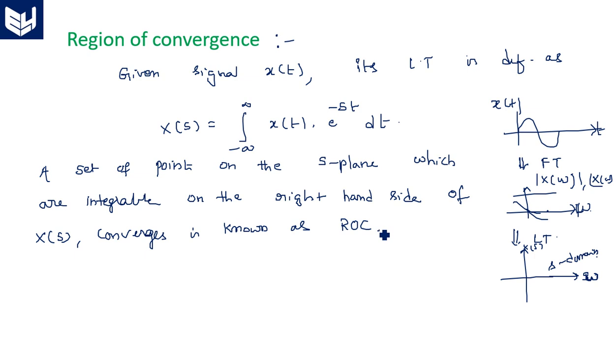Region of convergence, in short, is represented as ROC. So very important. What do we mean by this?